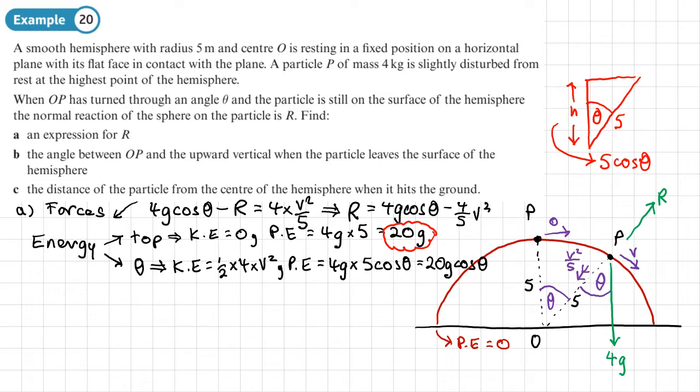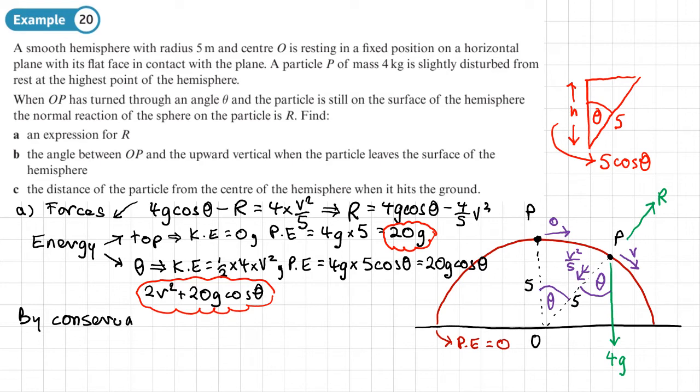So the total energy, once it's moved through an angle of theta, is kinetic energy, which becomes 2v squared, plus 20g cos theta. So I'll just highlight that. Now, by conservation of energy, the total energy doesn't change.